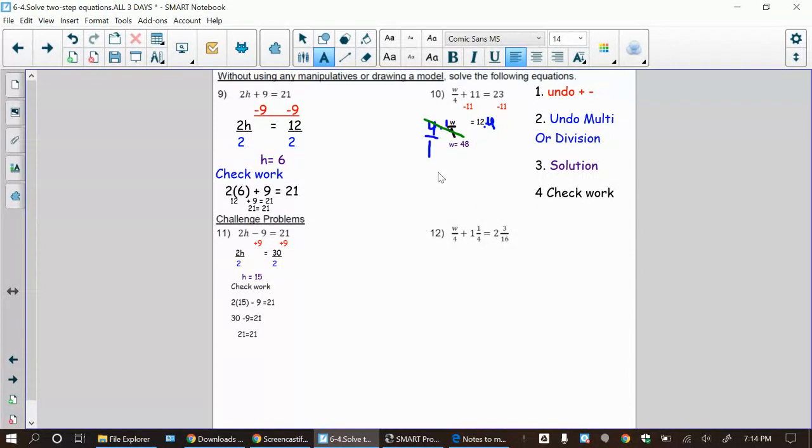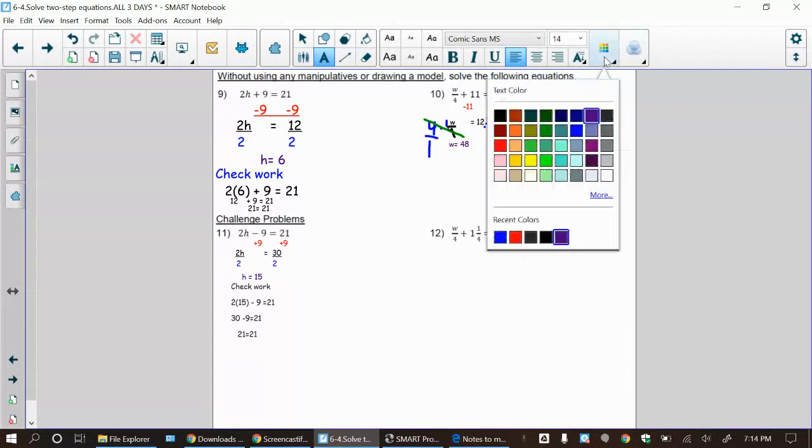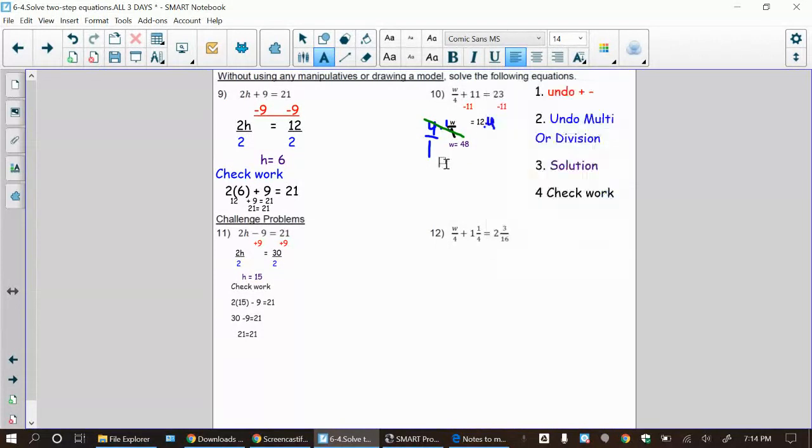Okay? Then the next step would be to check our work. Okay? Rewrite it. 48 divided by 4 plus 11 should equal 31. 48 divided by 4 is 12 plus 11.